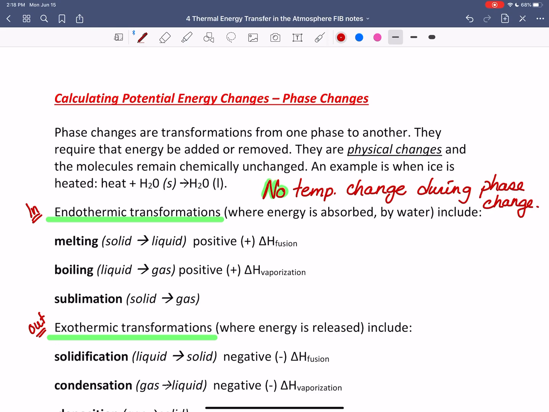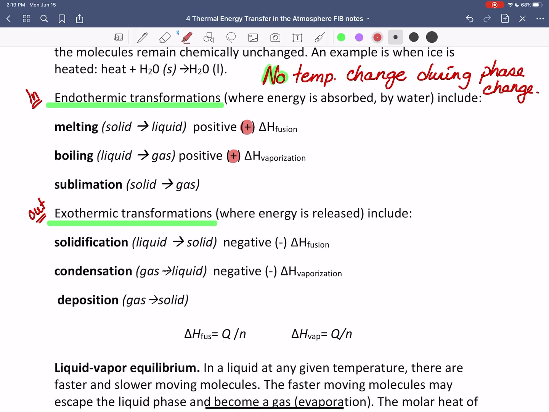When I want to melt or when I want to boil. So by adding energy, my energy is going to be positive. Whereas when I'm removing energy, for example, when I want to freeze, I have to take heat away from the water. I have to put it in the freezer. I have to take heat away from the water, and therefore that's going to be a negative.